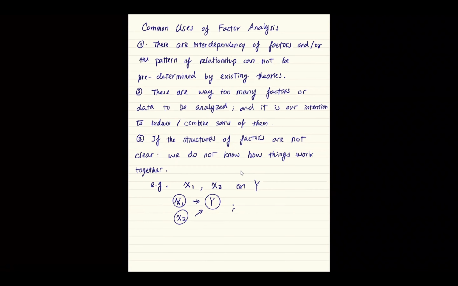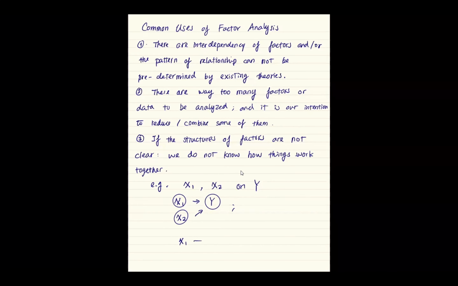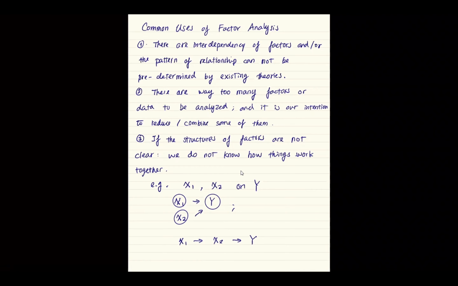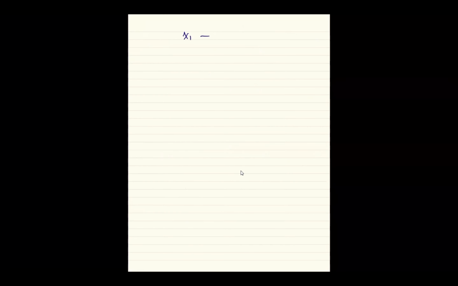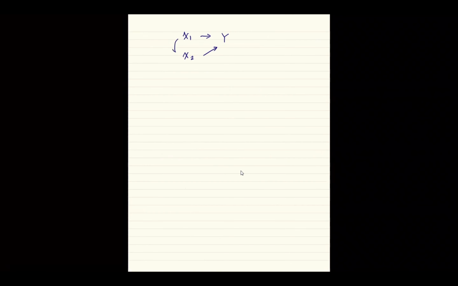However, you could also have X1 affect X2, then affect Y. Why not? Could be, okay? And you could also have X1 affect Y, X2 affect Y, and they affect each other.